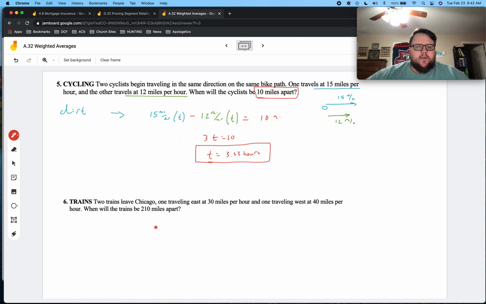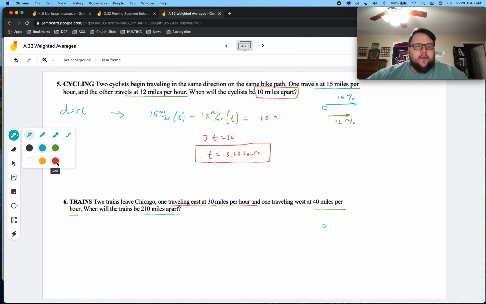Two trains leave Chicago, one traveling east at 30 miles per hour, one traveling west at 40 miles per hour. When will they be 210 miles apart? So if we're going to draw our picture here, this is the train station.